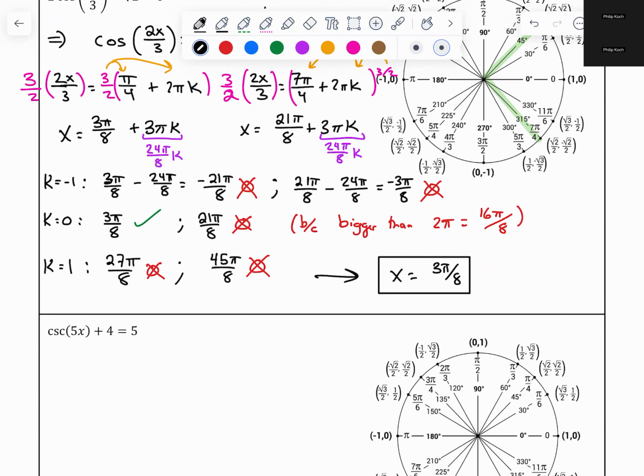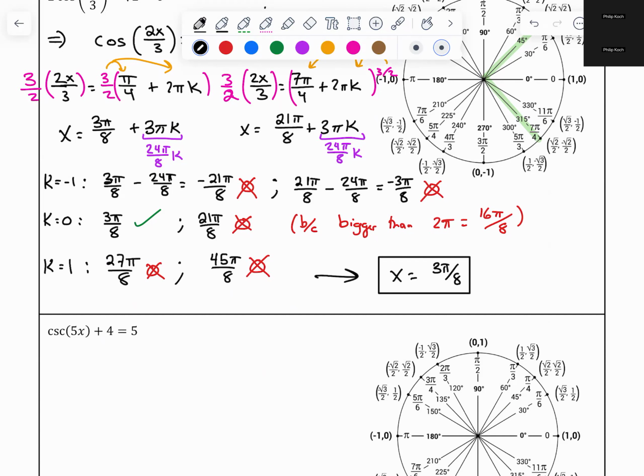So I know that's already 3 pi over 8. Do I need to write all the k values down? No. I'd like to see it just so that I can make sure I give you full credit. But if you just want to test them in your head and then write down the answers, you can do that.